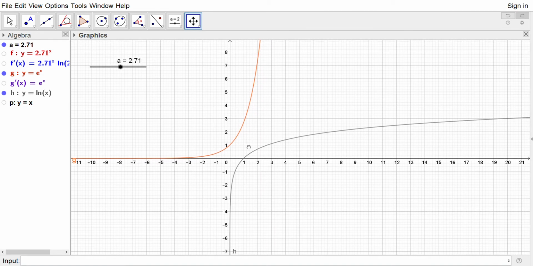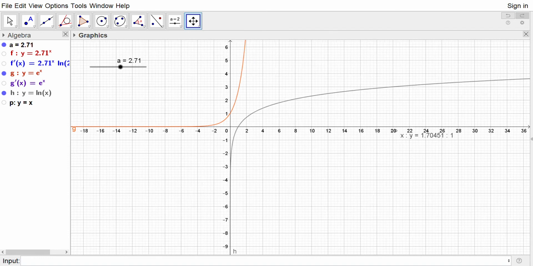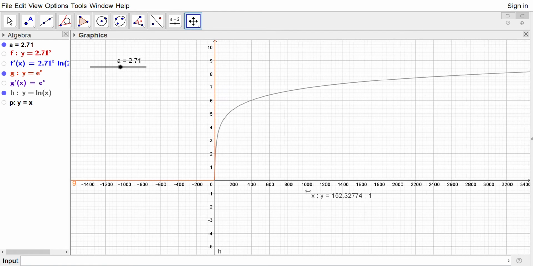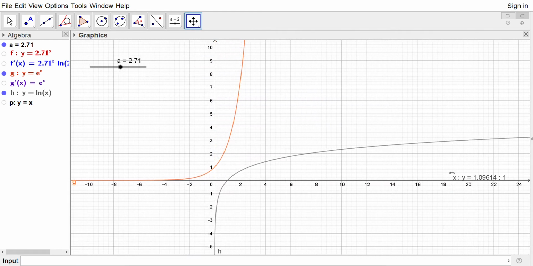Well, because it's a reflection in the line y equals x, we simply see that now my domain is anything bigger than 0. Our asymptote is now at x equals 0 rather than y equals 0. So our domain will be anything bigger than 0. I can plug in any number I wish, as high as I want, but I can never plug in 0 or anything lower than 0.